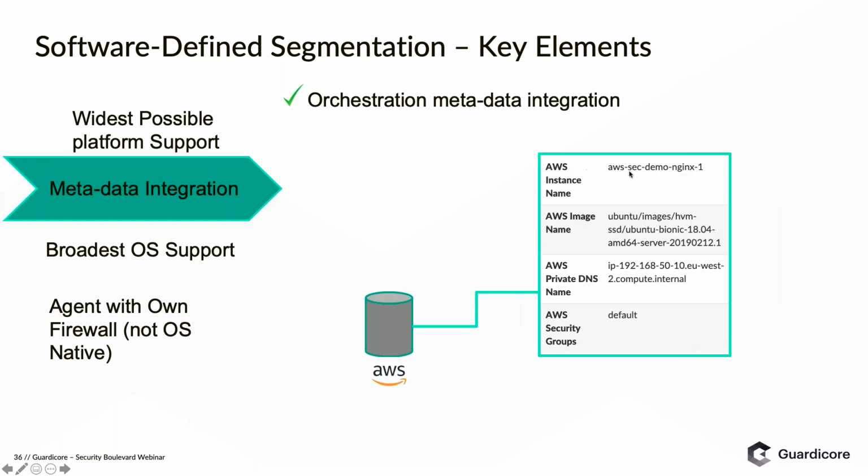Here's an AWS example. For an AWS object, I need to know the instance name, the image name, the private DNS, the security groups, and we even have things that we don't show here, like AWS East, Europe 1, that kind of thing. This rich metadata allows you to understand what the workloads are and to create the right labels.